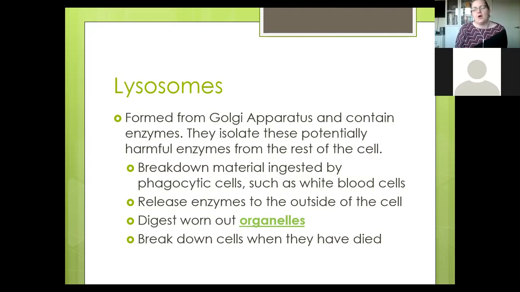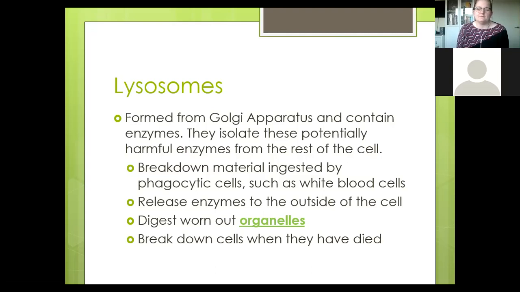Obviously parts of our cell will renew, so we might have an old mitochondria that needs to be gotten rid of, so we might break it down using the lysosomes, and the cell might need to go through cell death, so the lysosomes would take over that. But we might also just have an invading cell that needs to be got rid of. So they can break down materials ingested by phagocytic cells, such as white blood cells.